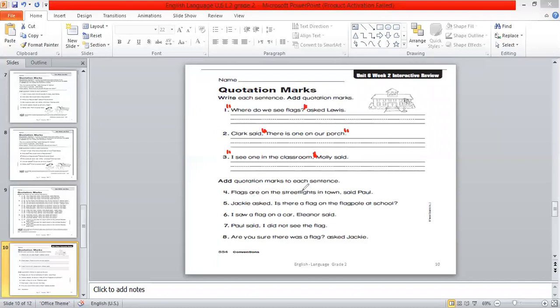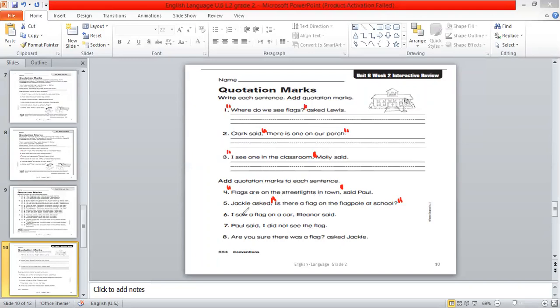Flags are on street lights in town, said Paul. So I'm going to write again from the beginning and after the comma. Number two, Jackie asked, is there a flag on the flagpole at school? It is a question here. Yes, I have to write it here after the comma and after the question mark.